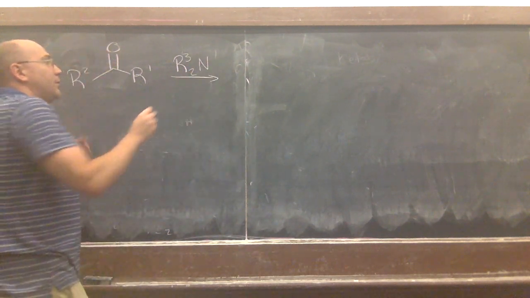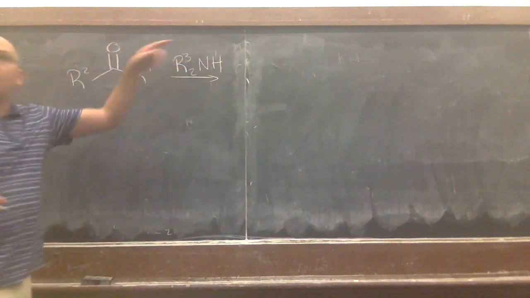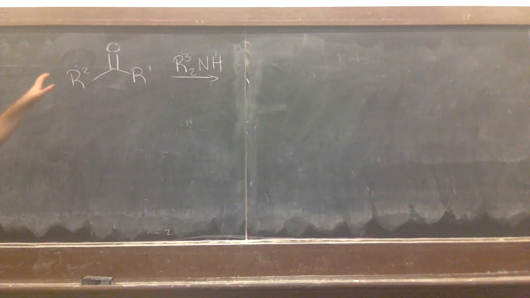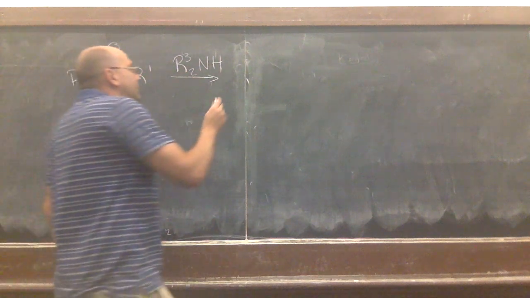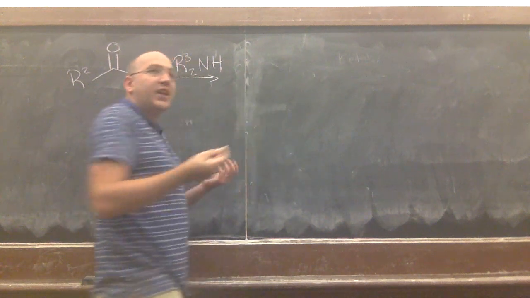Basically, I'm denoting it as R3 to separate it from the others, but there's 2 R3 groups, okay? And you went through the same mechanism.